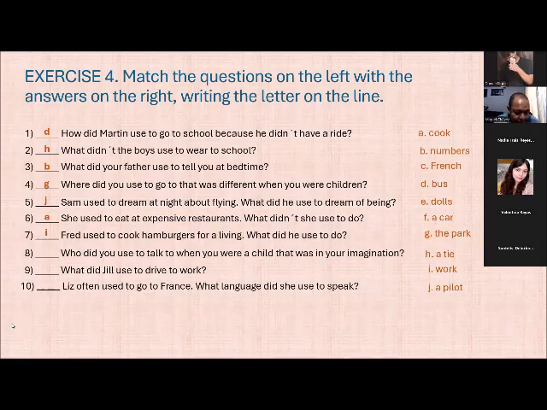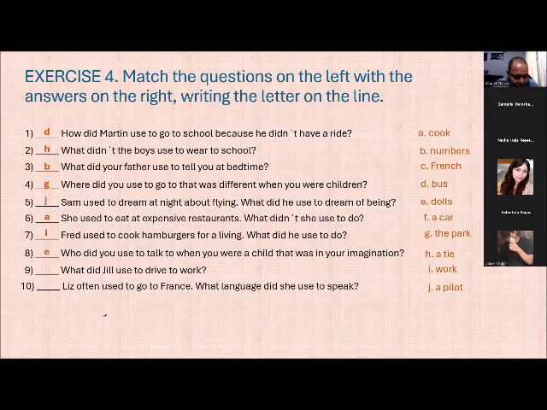Letter E. E, exactly. Can you read the question, please? Yes. Who did you used to talk to when you were a child that was in your imagination? Exactly. Letter E, dolls. Thanks, Daniel.